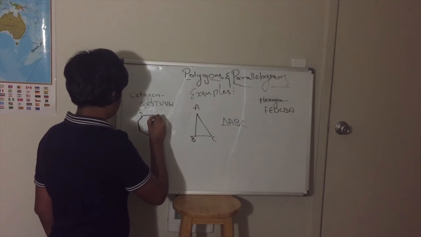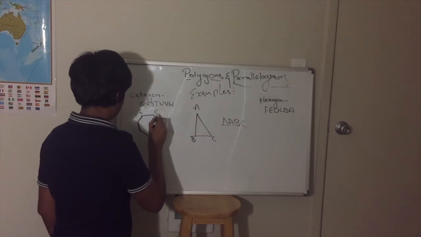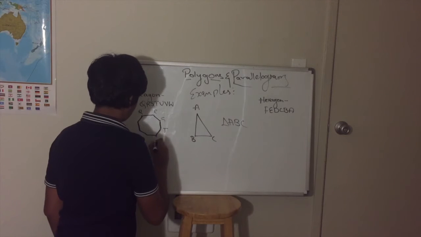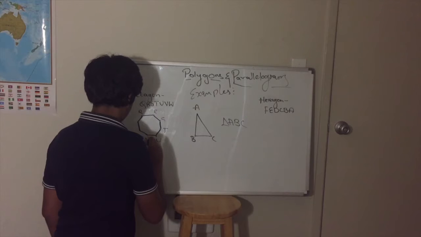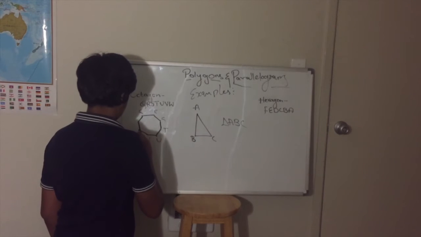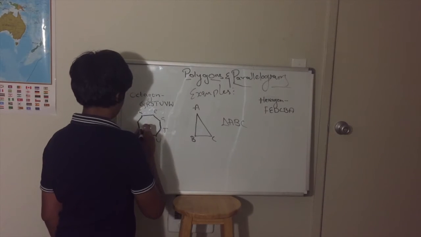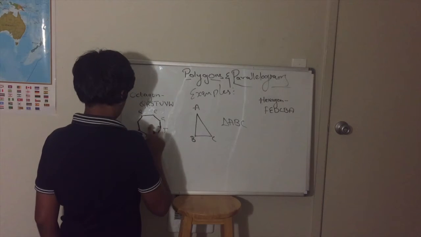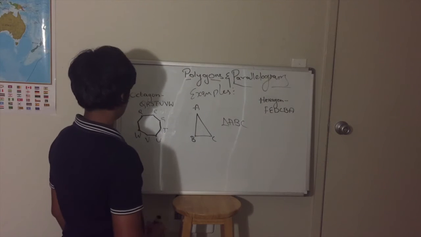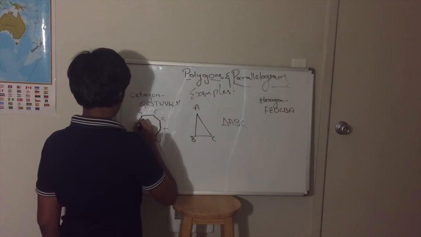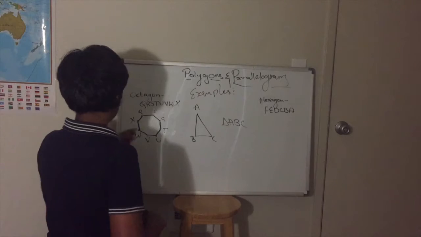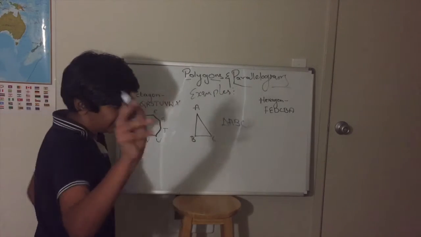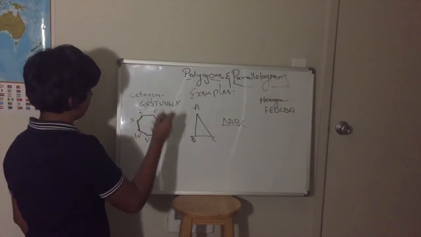So Q, and this is R, and this one is S, T, U, V, W. Okay, I think I messed up. We do have one more point. So Q, R, S, T, U, V, W, X. I forgot to write the X. So this is how it's going to look.